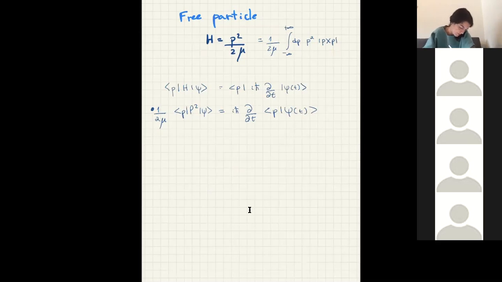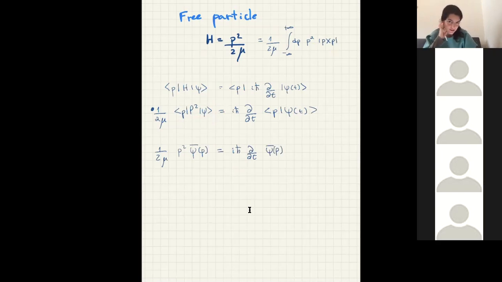So what we have is 1 over 2 mu. This first term here, we know how p acts on the momentum wave function. It just gives you the momentum out, and you apply it twice to get the square, times the wave function of momentum. And here you have h bar d/dt, and there's only again the wave function of momentum, right?